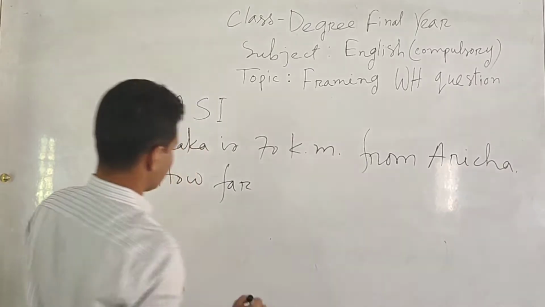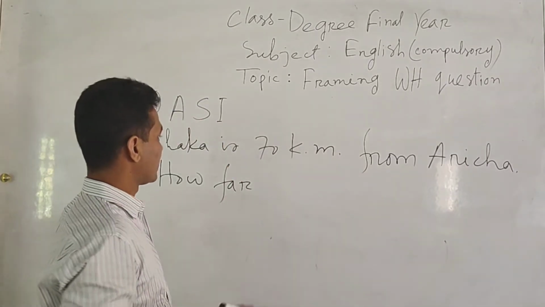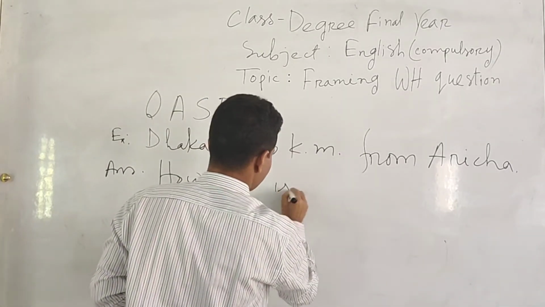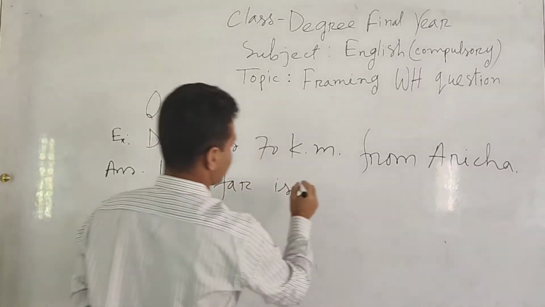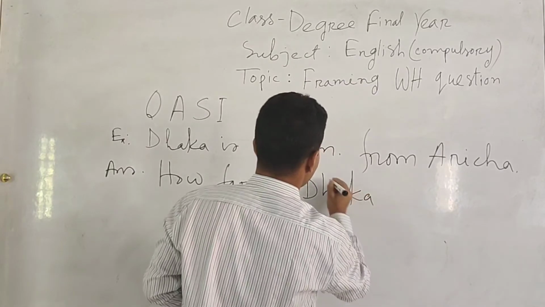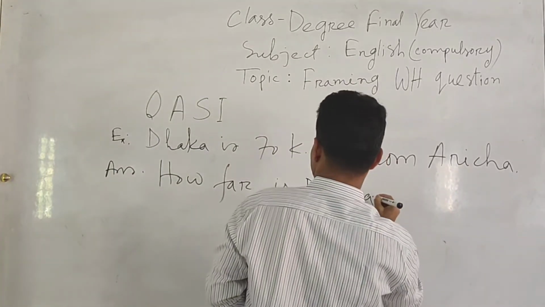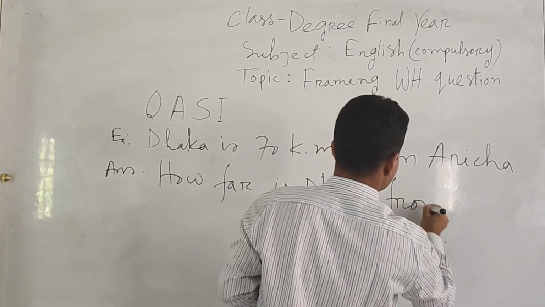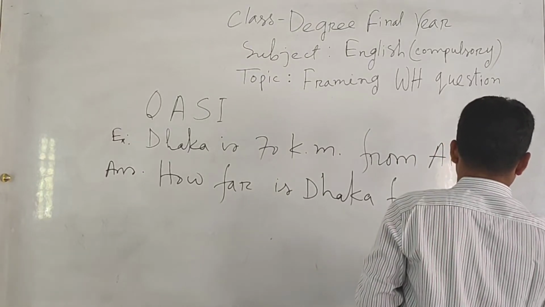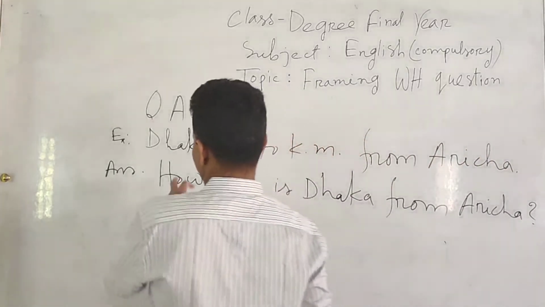To indicate a distance we use how far. Next one will be auxiliary is: how far is. Next subject Dhaka: how far is Dhaka? How far is Dhaka from Aricha? This is the answer.